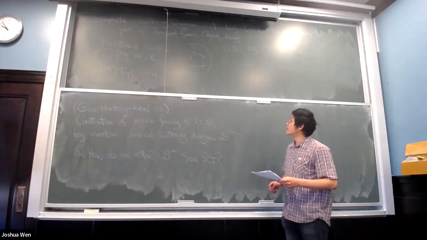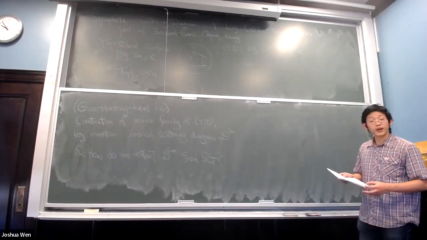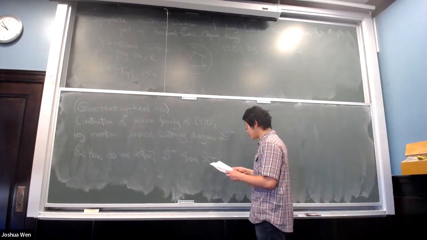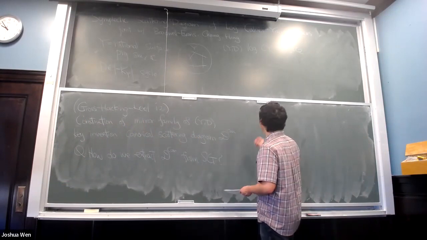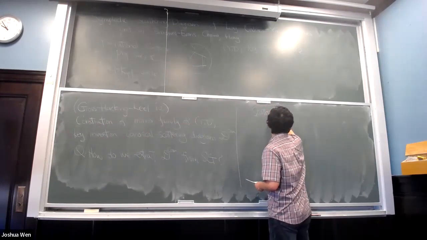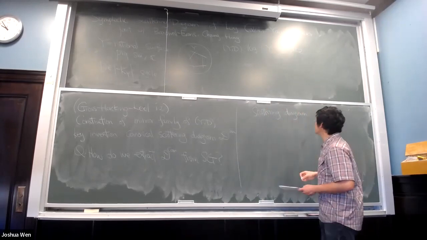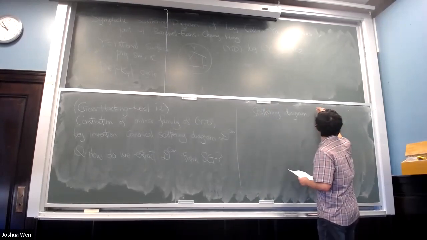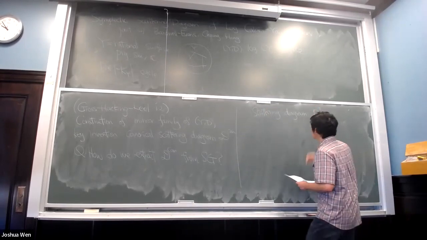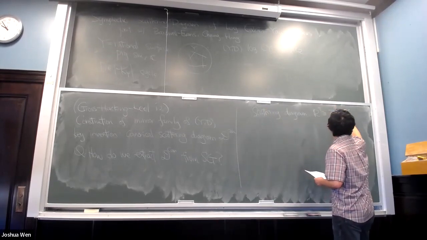I'm probably not going to completely define a scattering diagram, but I'll give you the basic examples. A scattering diagram consists of data in R2, with a lattice.